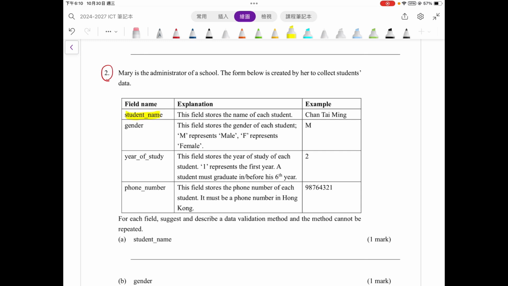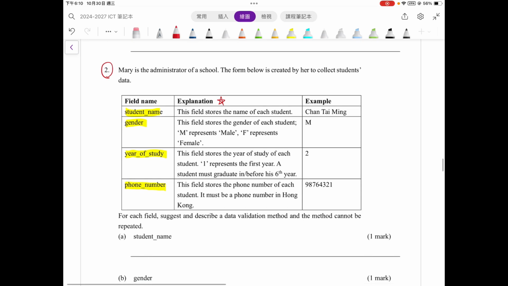They are student name, gender, year of study, and also the phone number. In this table, just next to the field name, you can see some kind of explanation. This explanation is very important for you to complete this question. We'll talk about this later.